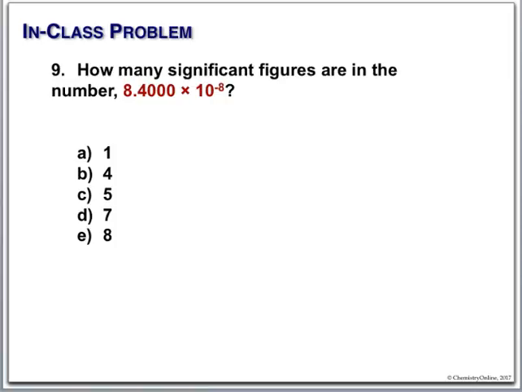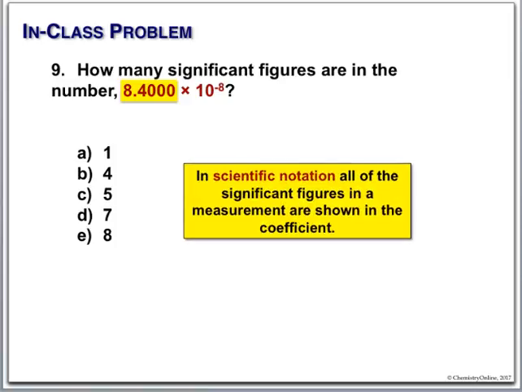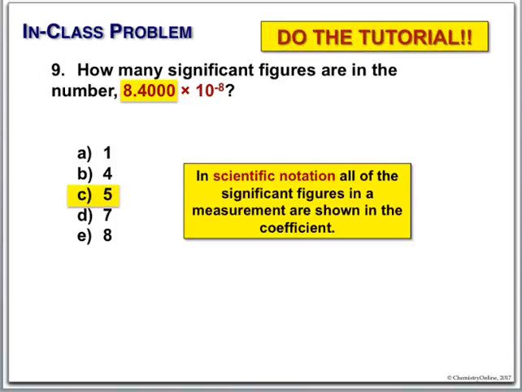So all we have to do is count the number of digits in our coefficient. Here we have a total of five significant figures. Any questions?